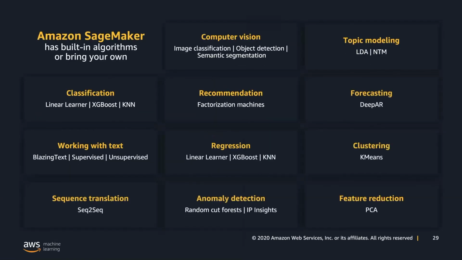Then on the science side, there are 17 built-in algorithms that SageMaker offers that span the entire range of machine learning use cases, from recommendation systems to traditional regression and classification to NLP, whether it's topic modeling or text classification, and also more advanced computer vision.